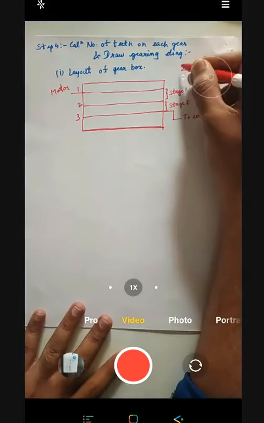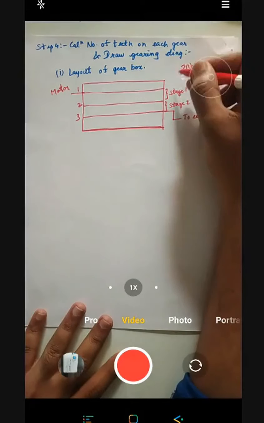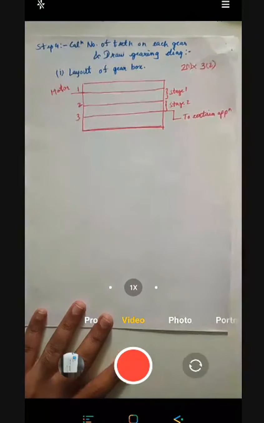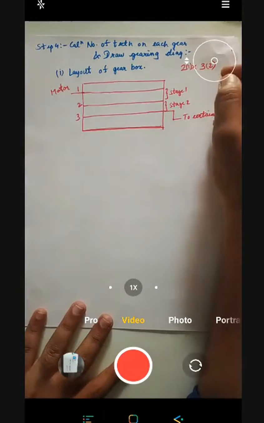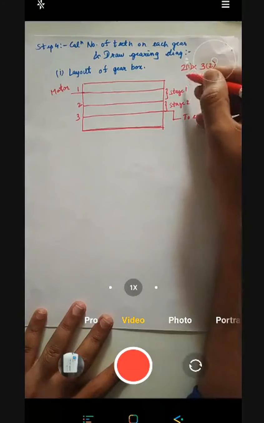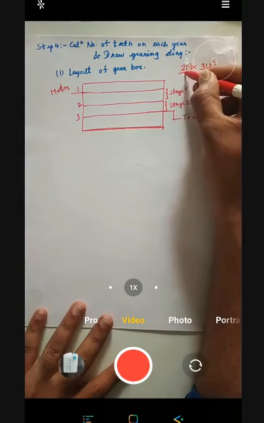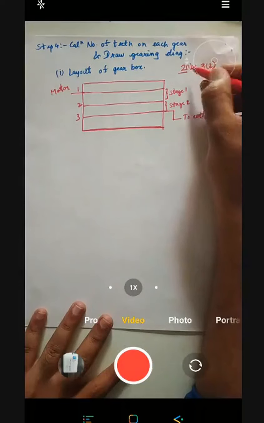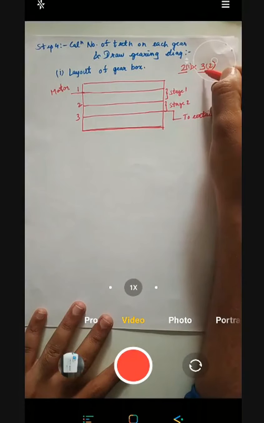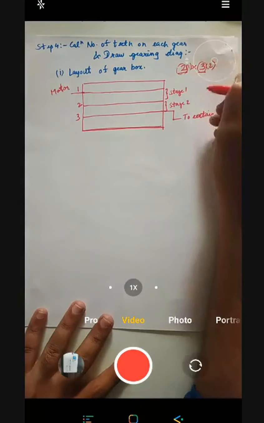So from this equation or from this structural formula, the elements written outside the brackets are your number of gear pairs. These are your number of gear pairs in stage 1 and stage 2.